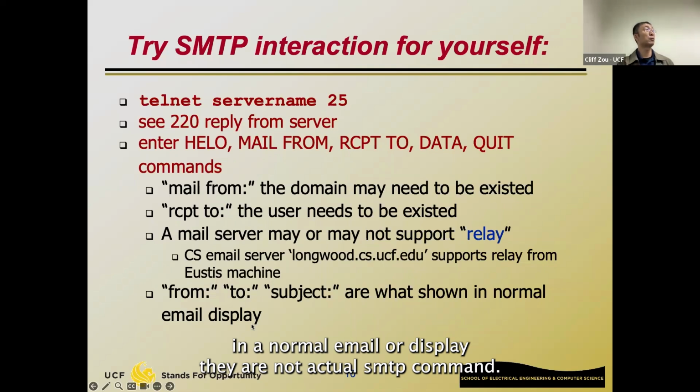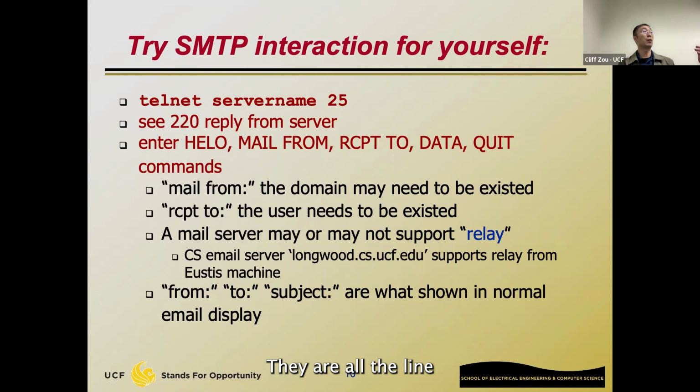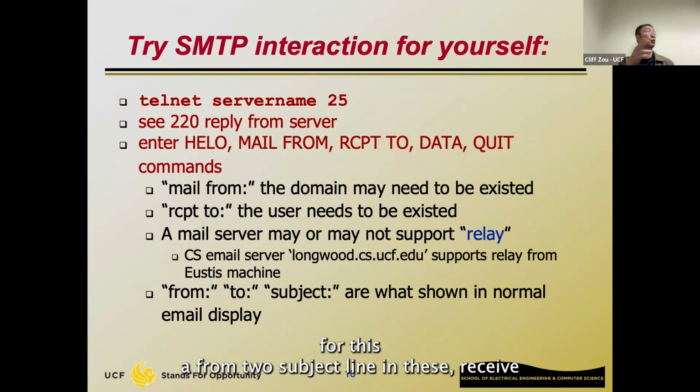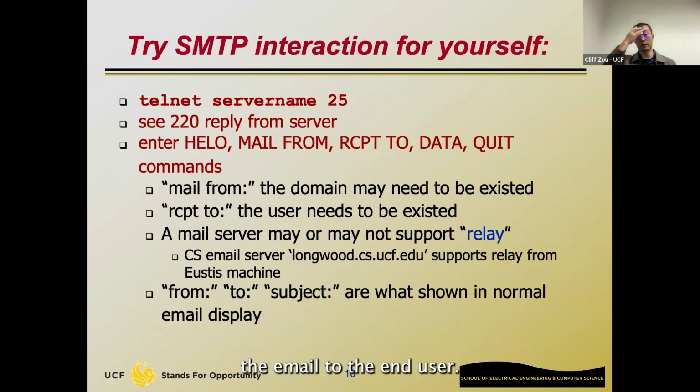They are not actual SMTP commands. They are all lines inside the data command, but they are interpreted by the email server as the display entries for the from, to, subject lines in this received email to the end user.